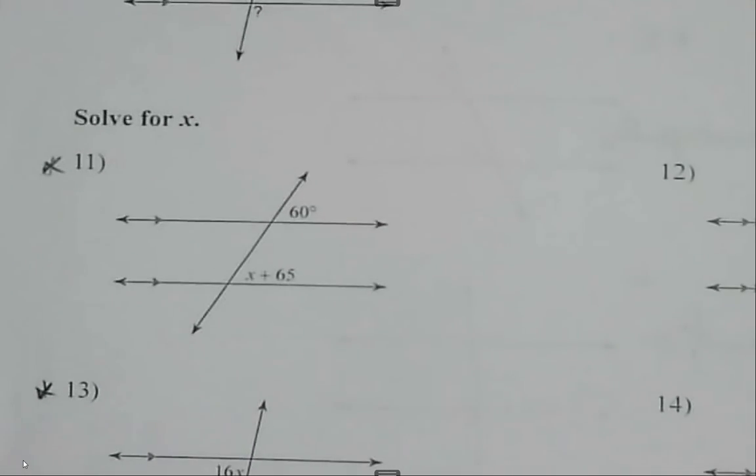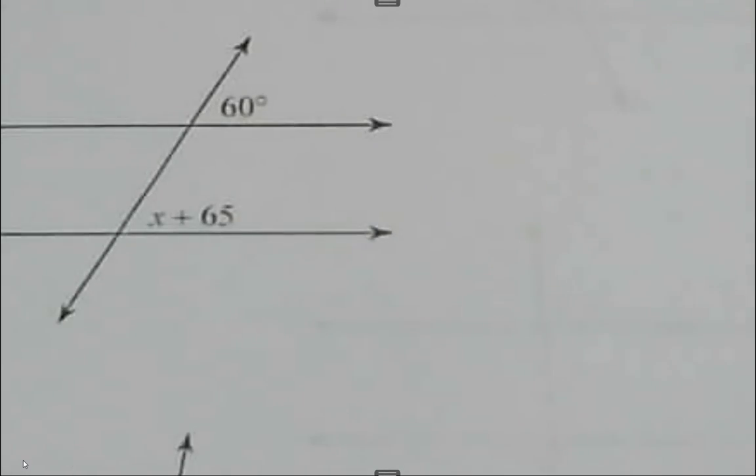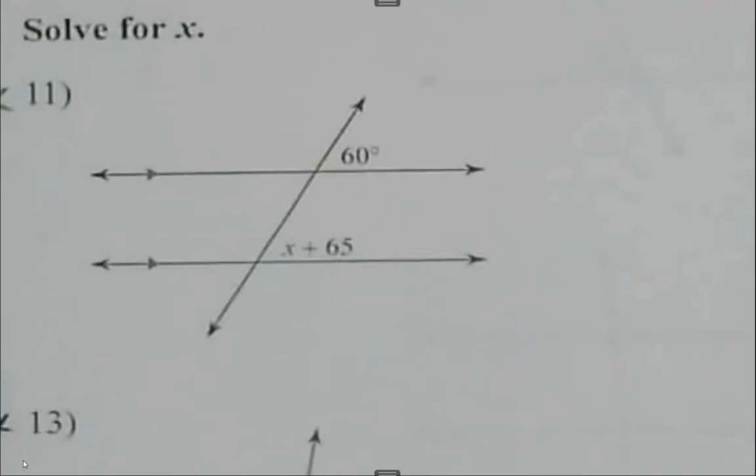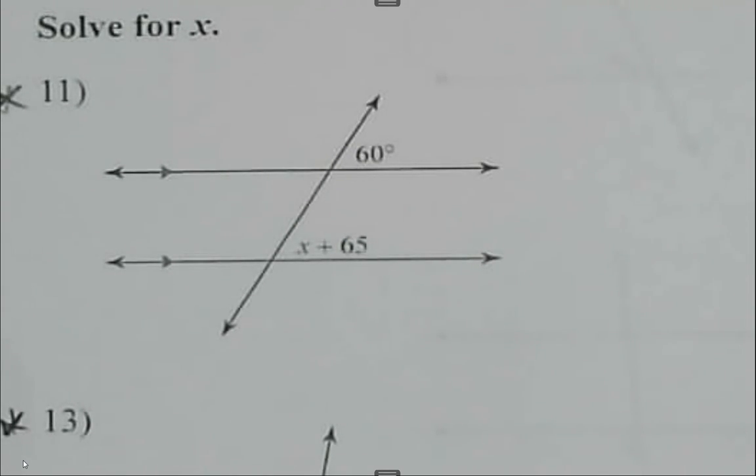Now let's throw some algebra at it. So now we will look at number 11, which is on your sheet. And now we're given something like this. So first question I have is, what kind of angles are these? Well, they're on the same side of the transversal, but one's outside the car and one's inside the car.